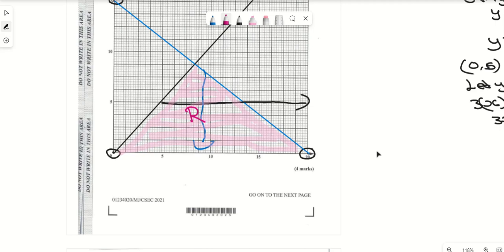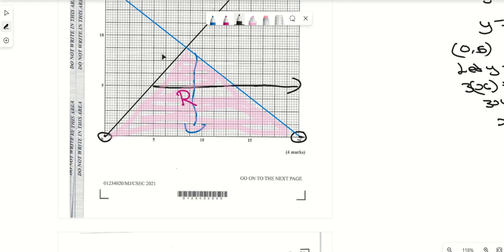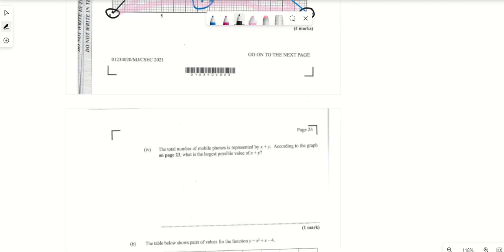So the largest possible value would be this coordinate right here, where the largest number of phones is 20. We're looking at the region that is shaded. So the largest possible value would be X is equal to 20, Y is equal to 0. So X plus Y is 20 plus 0, which is the coordinate I just showed you, which is equal to 20.